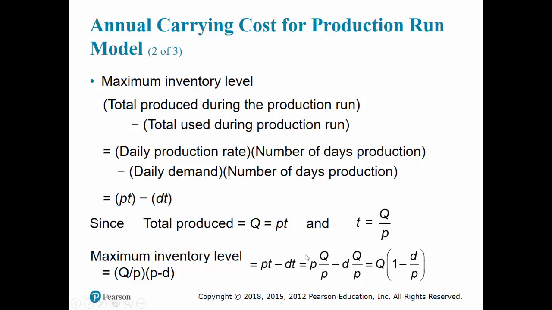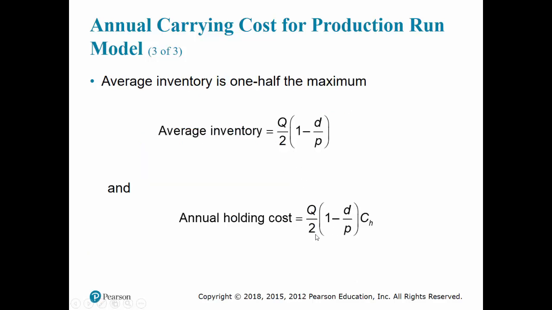If you take Q over P out, then you get Q over P times P minus D. So that will be the maximum inventory, and that divided by 2 will give you the annual holding cost. Instead of Q over 2 times C sub H, you'll have I sub max over 2 times C sub H. That will give you the holding cost.